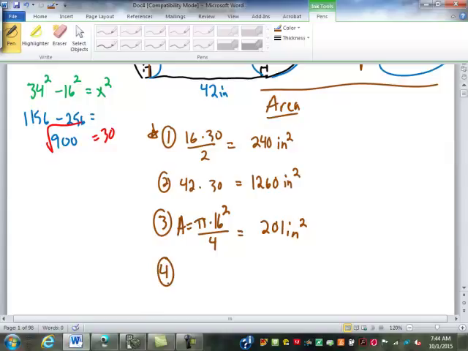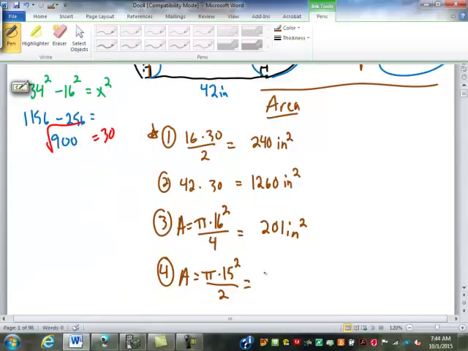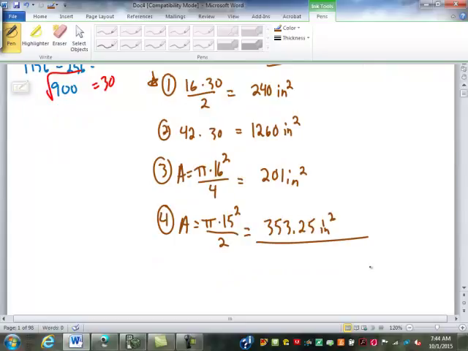And then for the fourth one, that radius is 15, so it's pi times 15 squared. That one's divided by 2. Why is that divided by 2 instead of 4? It's a half circle instead of a quarter circle. Very good. So 3.14 times 225 divided by 2 is 353.25. So we add those all up.